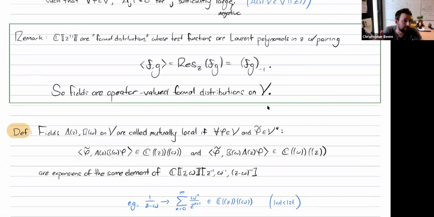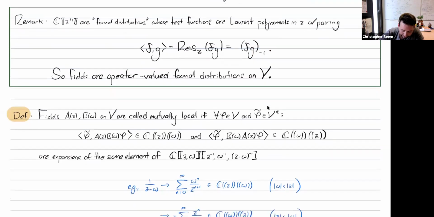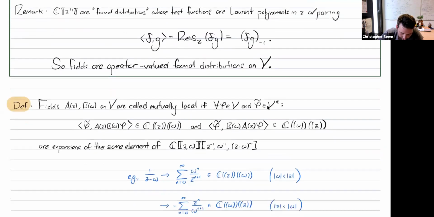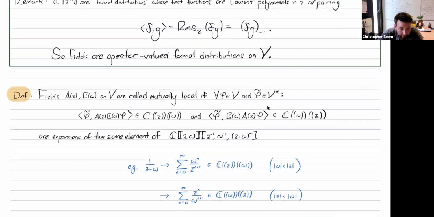Multiplication is well defined between a Laurent polynomial and one of these formal things, even though multiplication between the formal things is not well defined because you're going to have some sort of infinities. So you take the multiplication and then you take the -1 piece. So you take the piece that has z to the -1. So it looks like a formal version of doing a residue integral. And so in that sense, the things that were called fields in this definition are operator valued formal distributions on your vector space.